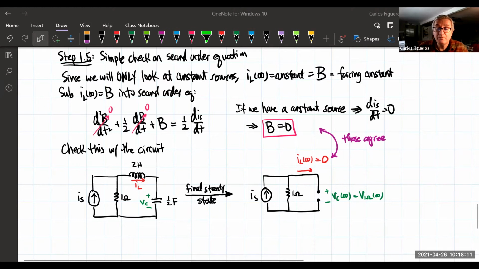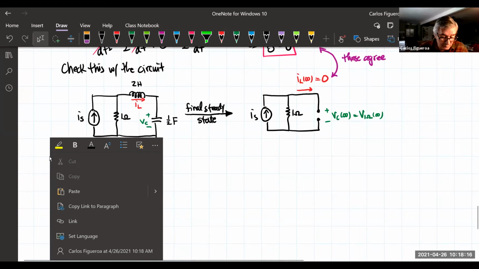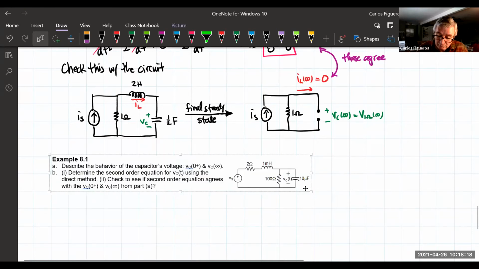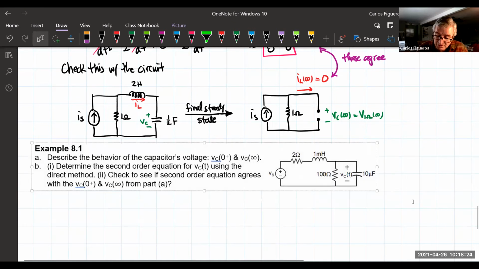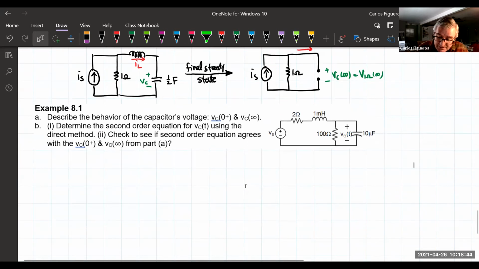So the first example looks something like this here. It says, describe the behavior of the cap's voltage, and then determine the second order equation for VC using the direct method. And then, of course, check to see if the equation agrees with what you expected here. Well, what do I see here? This is what I expect here.